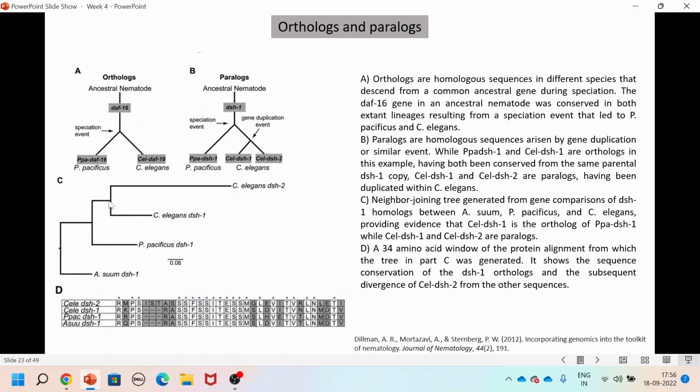The gene present at this stage is undergoing gene duplication and leading to the formation of two genes, in which one is similar, which is DSH1, and there are some modifications in the nucleotide sequence leading to the formation of a different protein, and thereby a different gene, which is C. elegans DSH2, right? So this gene, which is present at this node, is actually the ortholog for the P. pacificus DSH1. Is that clear?